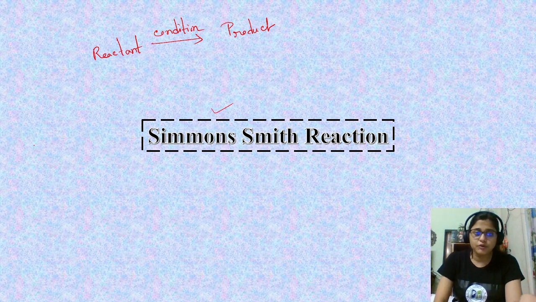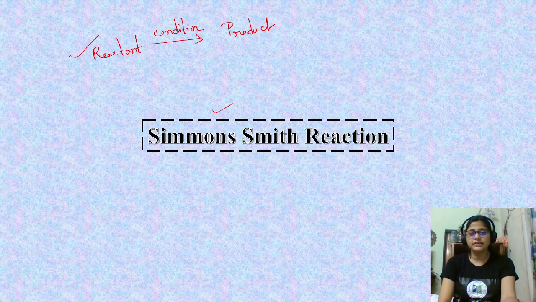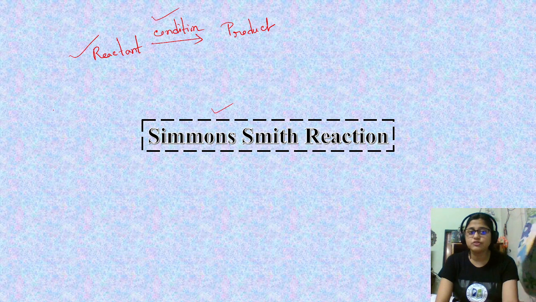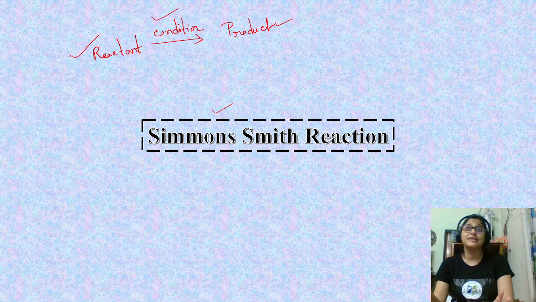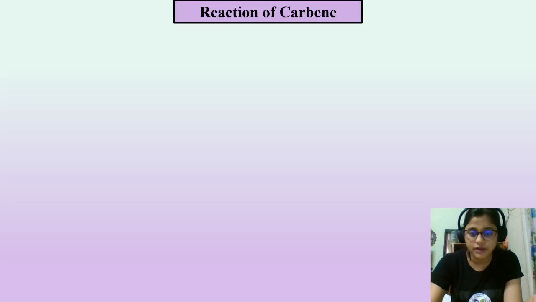So you have to identify the reactant, and the conditions are given. Okay, so this is given and this is the condition, so that will be the product. Sometimes confusions can be there, but you have to have the idea that this is the reactant and this is the condition, so the reaction can be this one. That's how I am teaching you this kind of reactions.